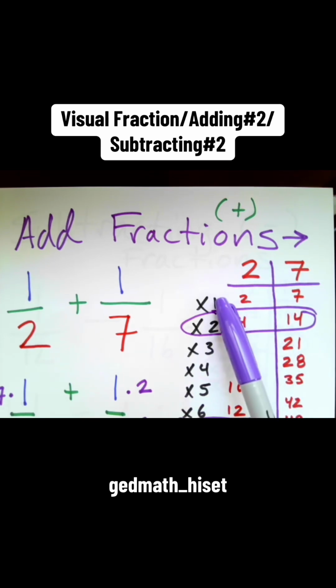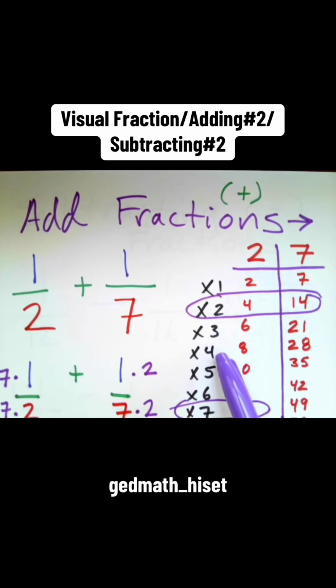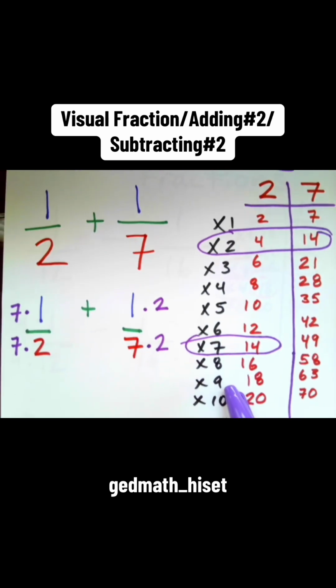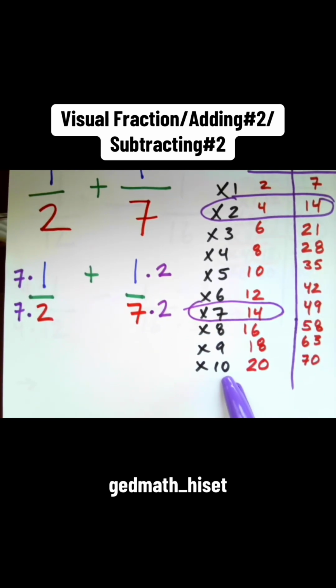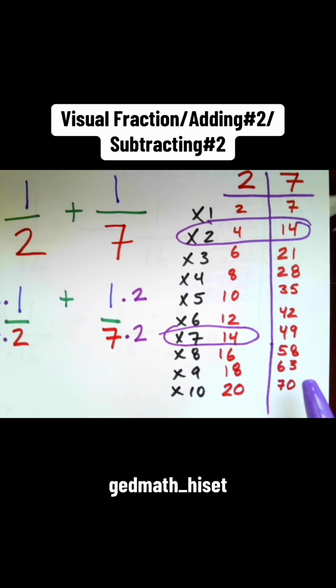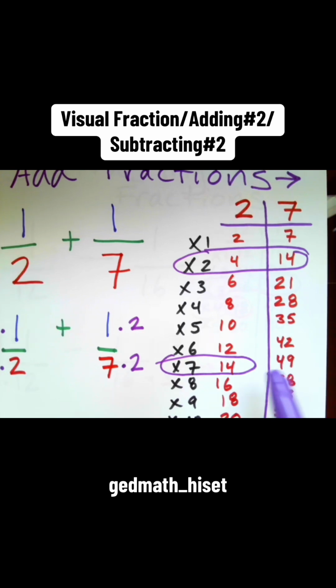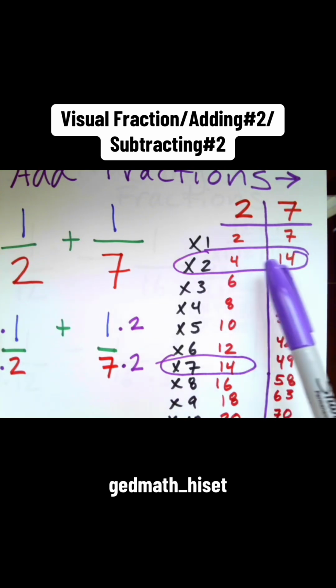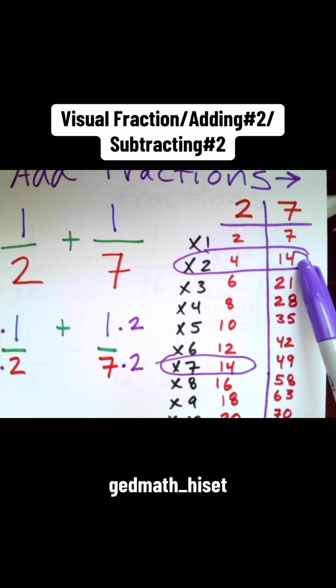I'm going to multiply each of them times 1, times 2, times 3, all the way down to times 10. And I'm going to look to see which number they both share. Well, 2 times 7 gives me 14, and 7 times 2 also gives me 14.